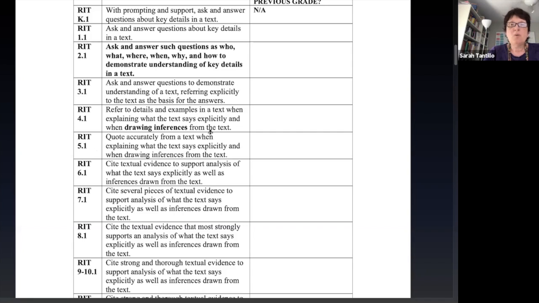So one of the things you want to think about when you look at this trajectory is how you can get all of your students climbing the ladder. What is different from the fourth grade standard to the fifth grade standard to the sixth grade standard, so that you can get everybody up to that sixth grade standard? Because like any ladder, you can't skip rungs in order to climb it. There's just too much of a gap.